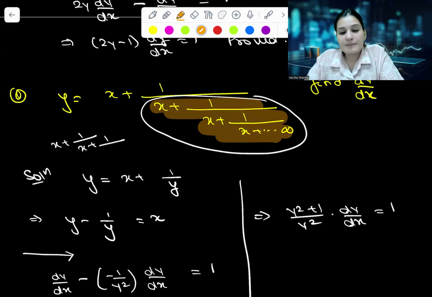I only removed one x plus 1 by, one time. So again in the denominator, the same pattern continues till infinity, so that term can be written as y. With an infinite pattern, you remove the pattern once.